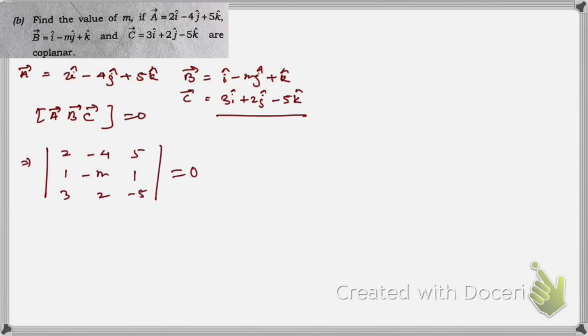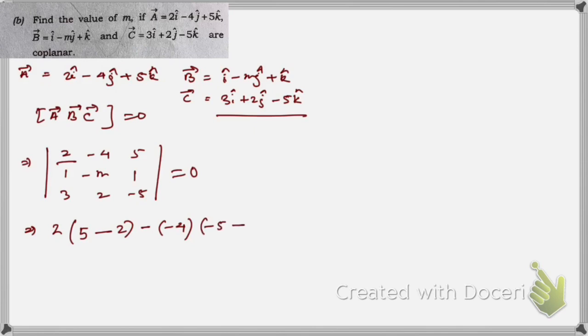Now let us expand this. If you expand it, 2 into minus m minus 5, that's going to be plus 5m, then 5m minus 2 1 the 2, right? That's 2 1 the 2. So then minus, let us take minus 4, then 1 into minus 5, that's going to be minus 5.